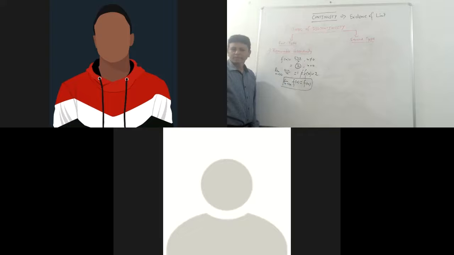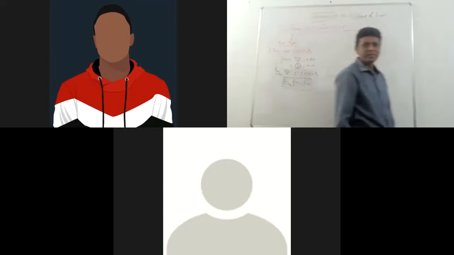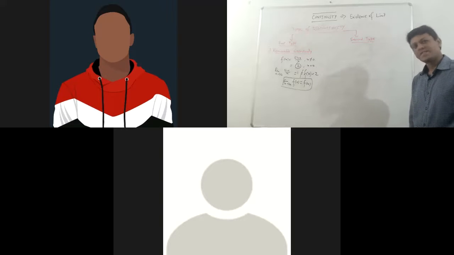So you can remove the discontinuity by redefining the function. That is why the name is removable discontinuity. We just have to replace the value at x equals 0 with 1.